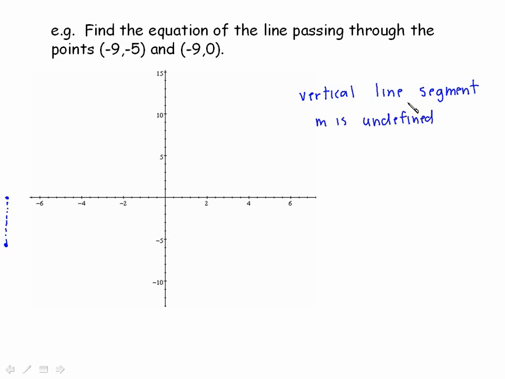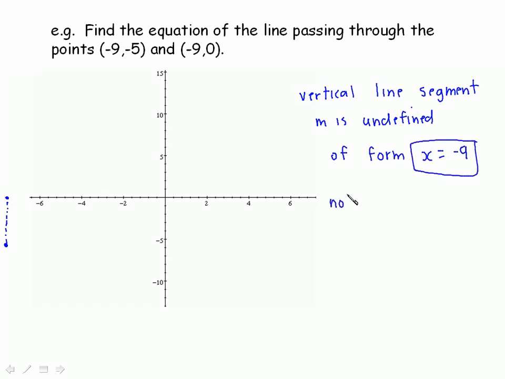Now, some people will cheat, and they'll use the slope formula, and they'll get a number over 0, and then they'll still solve it, and it works. However, I'm going to use the more correct way, because if it's a vertical line segment, the equation will be of the form x is equal to whatever the x value is. So in this case, x is equal to negative 9, because x is always equal to negative 9.